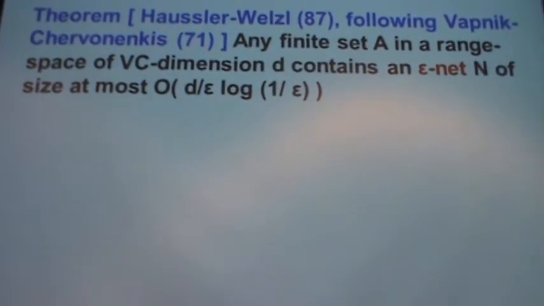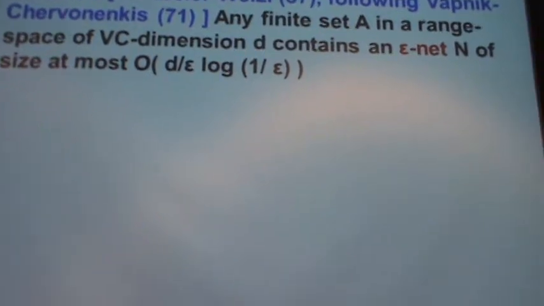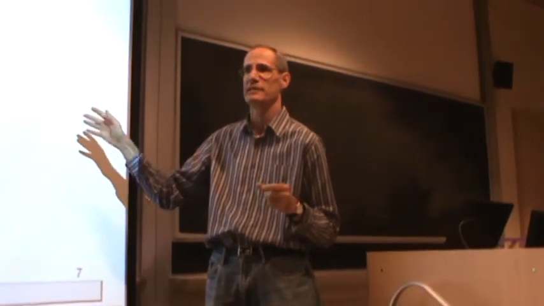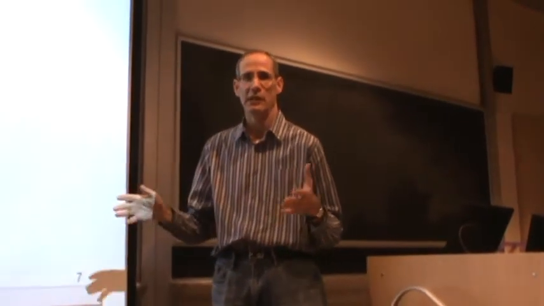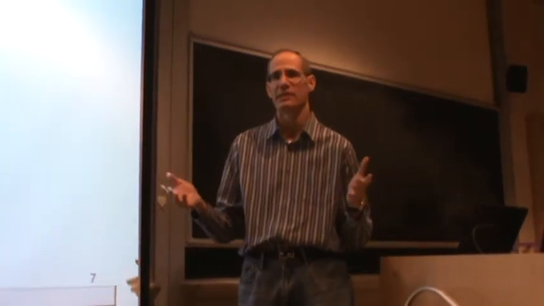The important thing here at this point is maybe that it's independent of the size of the set A. So for example, I give you a huge set of points, billions and billions of points in the plane, okay? And we fix epsilon to be, say, 1%.